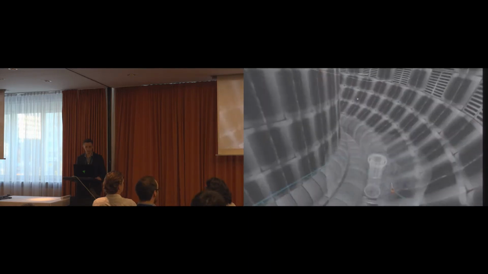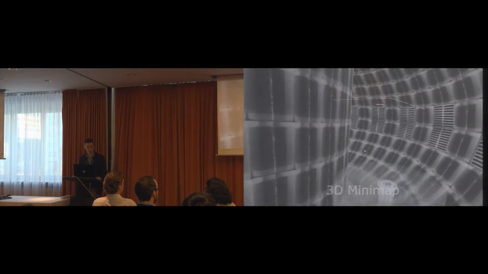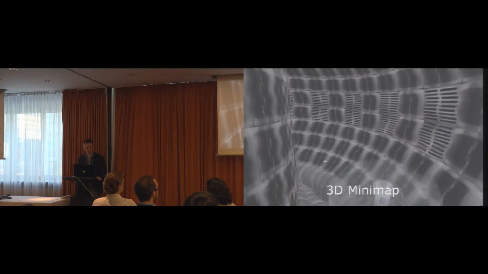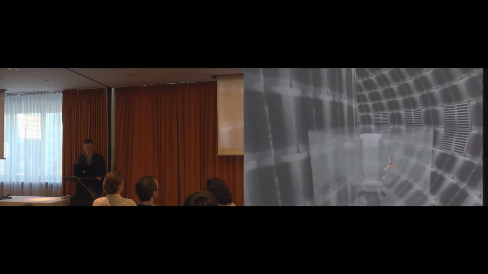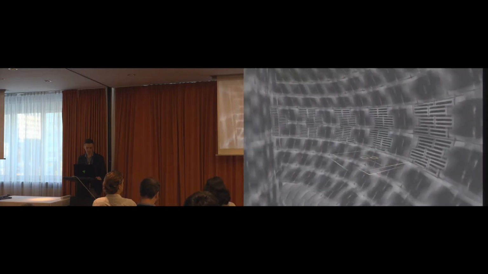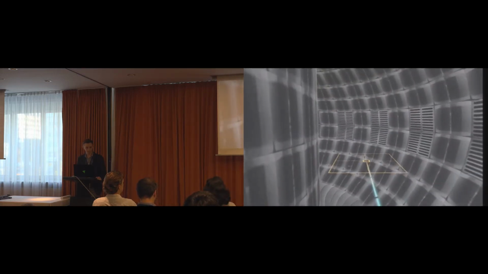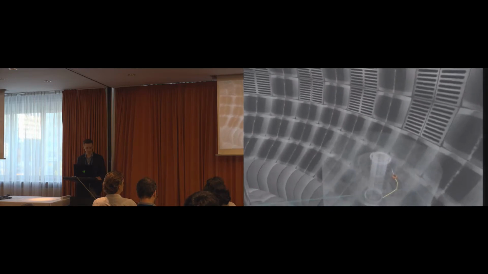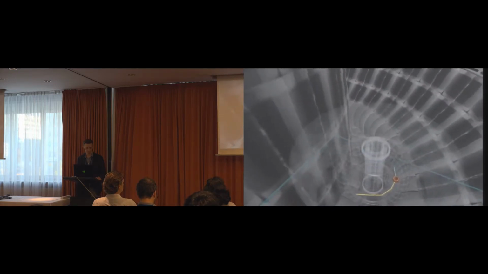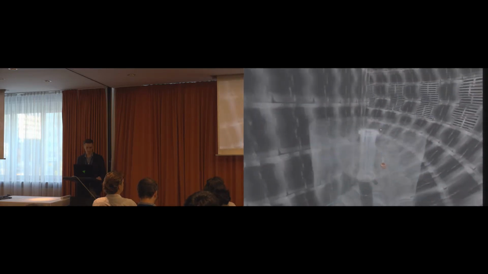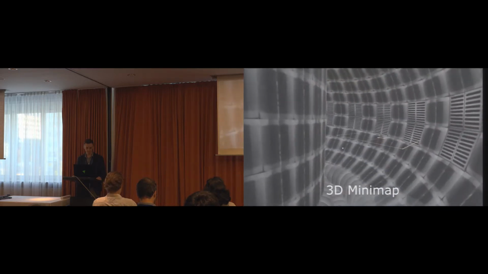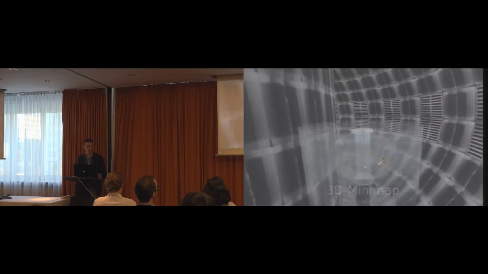And then moving on to the 3D minimap, users are able to point and click teleport, and every time they move, the minimap shows how they've moved with a yellow polyline. This is just intended to help them see their history better.